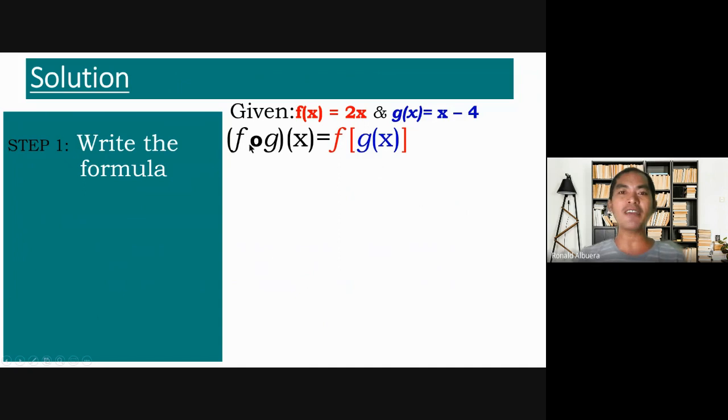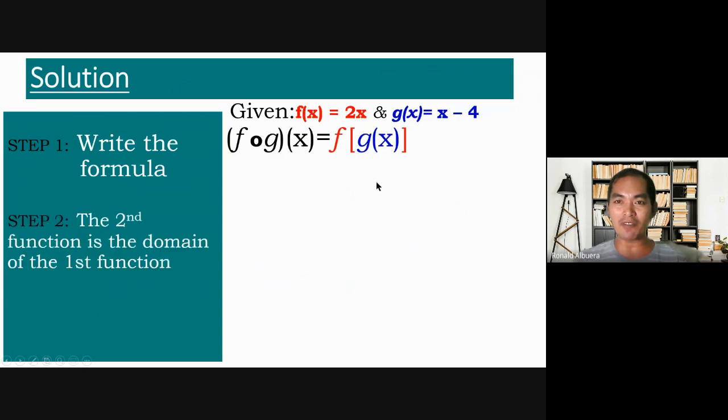Pag ganito f circle g of x ang pinapakompute, ang tatandaan nyo lang, yung pangalawang function, yun ang iso-substitute sa x ng naunang function. Itong x ng 2x, itong x papalitan ng x minus 4. Kaya ang mangyayari ay, sabi ito, the second function is the domain of the first function.